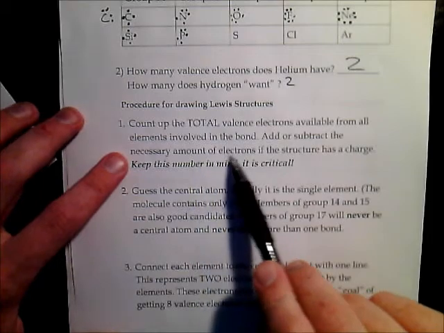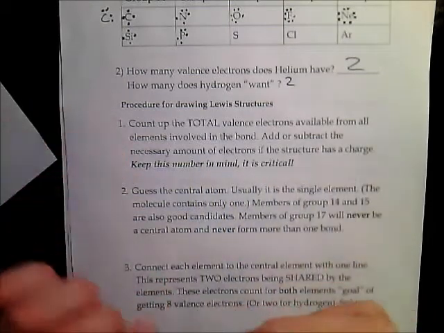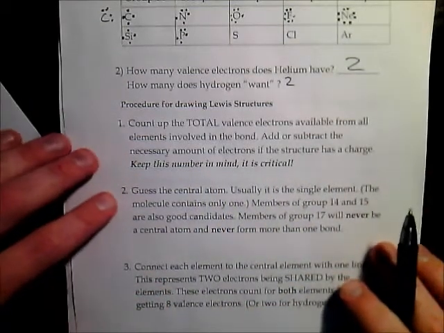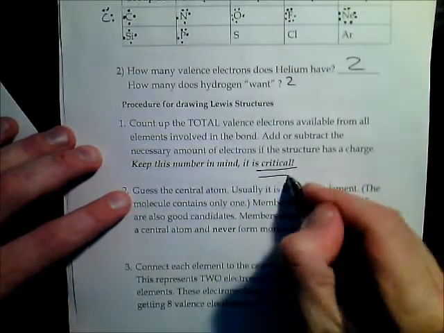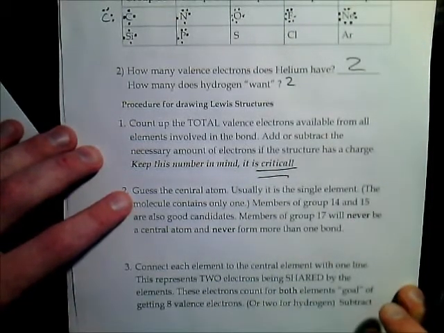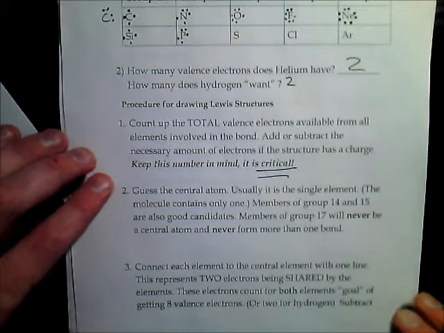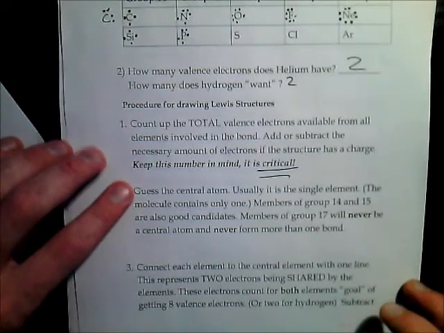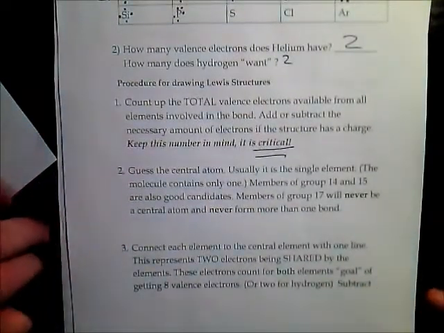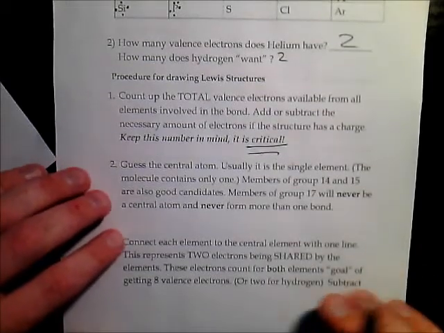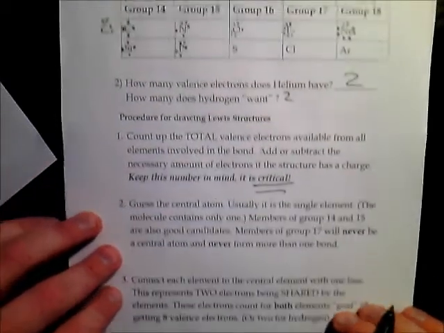Add or subtract the necessary amount of electrons that the structure has due to charge. I'll be showing you examples of this shortly. This number is super critical. It's something you should do and be thinking about whenever you make Lewis structures. You're going to guess the central atom, and these are best seen by example, going to connect elements with lines and so forth.